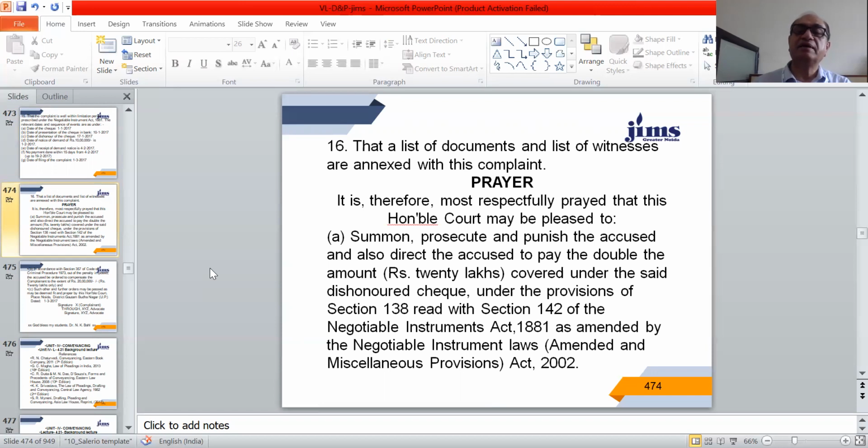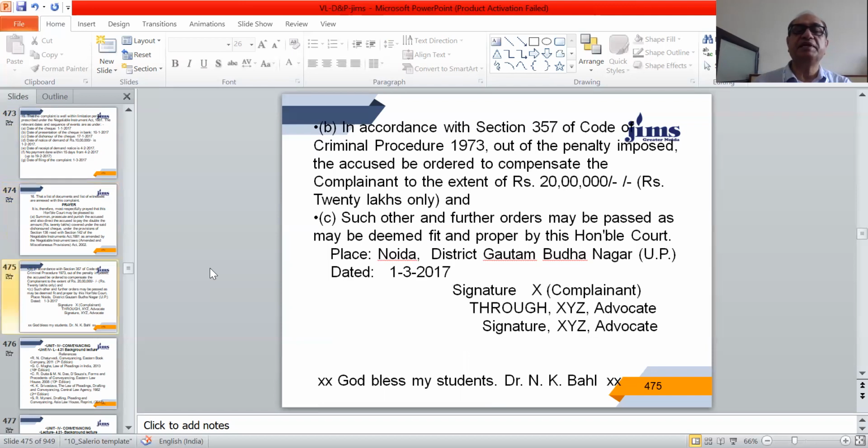So you are demanding that the accused should be summoned, prosecuted and punished, and he should be directed to pay double the amount of the check, that is 20 lakh rupees, to the complainant. The relief is that in accordance with Section 357 of CrPC, out of the penalty imposed, the accused be ordered to compensate the complainant to the extent of 20 lakh rupees.